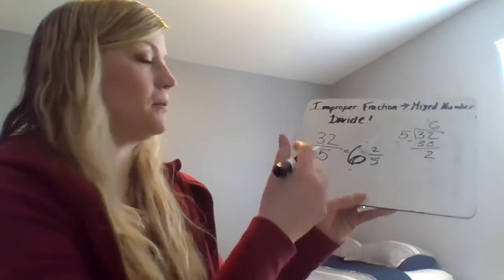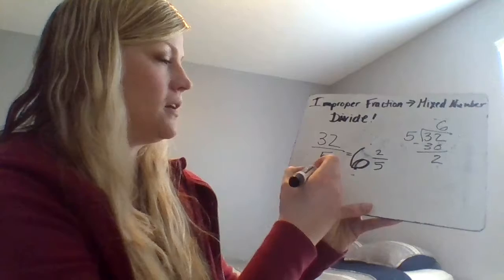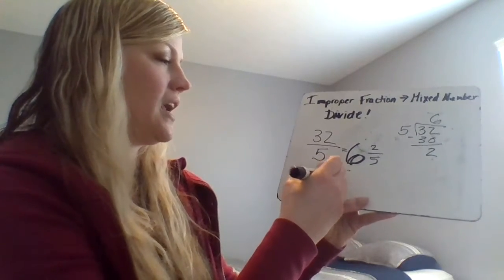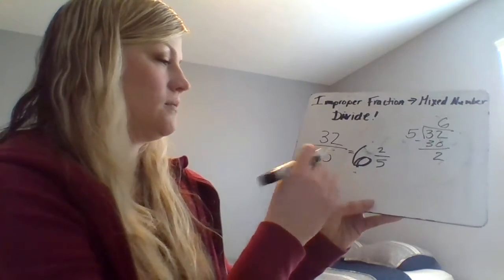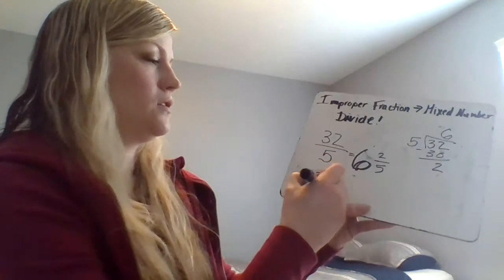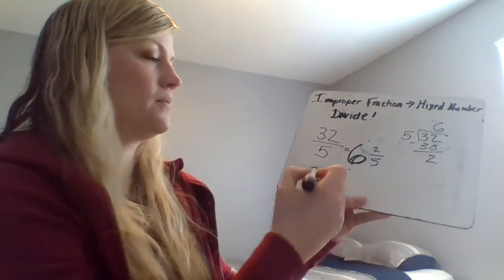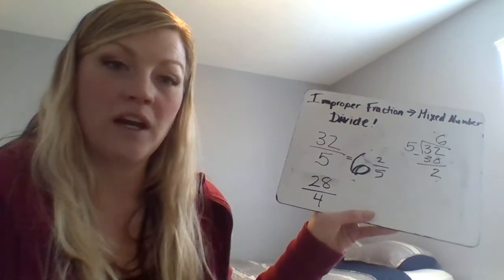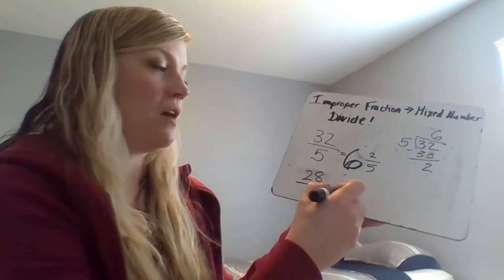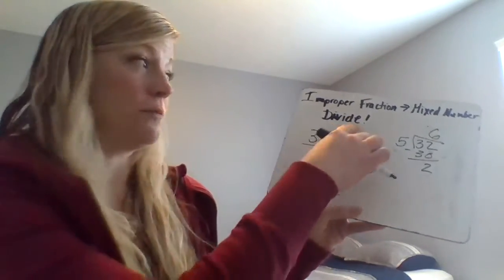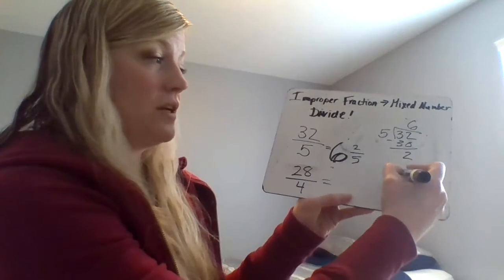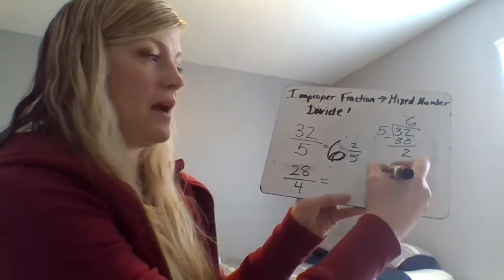Let's do another example. Let's say we had 28 fourths. I'm going to give everybody a second to get 28 fourths written down. How do we turn that into a mixed number? We divide, right? So I'm going to do 28 divided by 4.